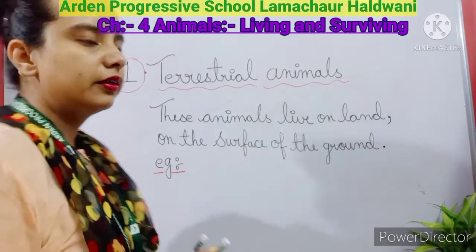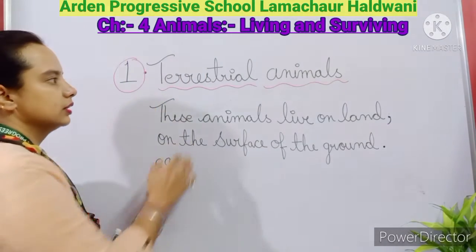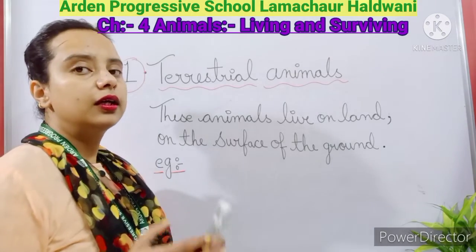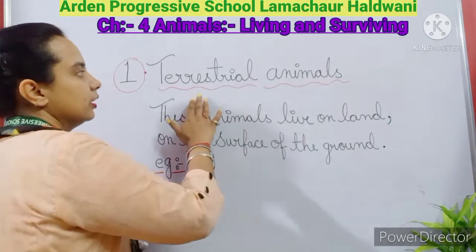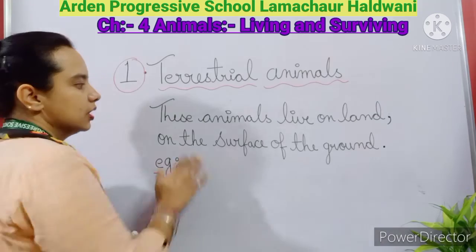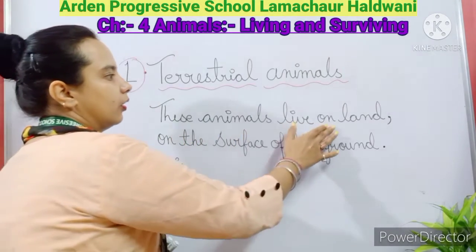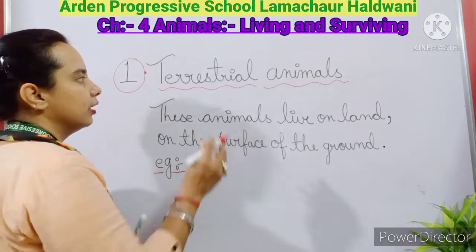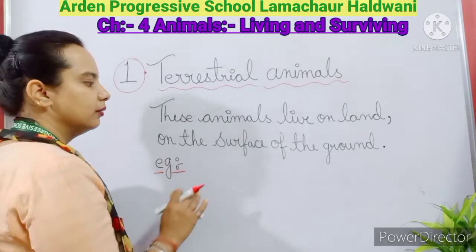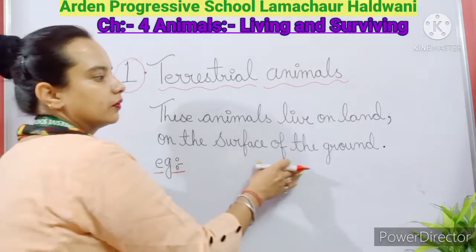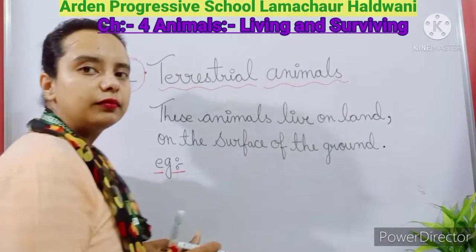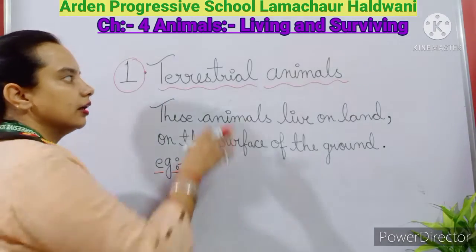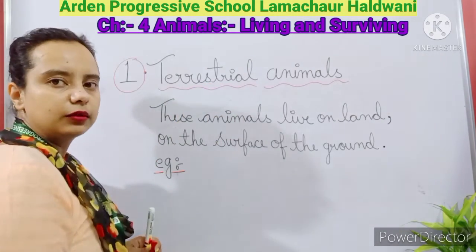The very first classification of animals is the terrestrial animals. There are terrestrial plants, and in the same way there are terrestrial animals. These animals live on land. The animals that live on the surface of the ground are known as terrestrial animals.